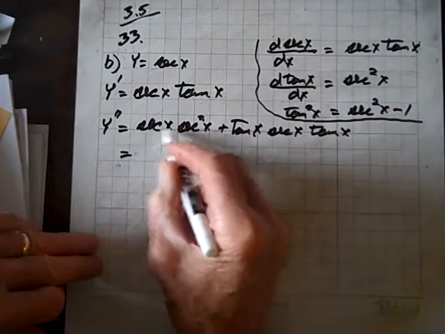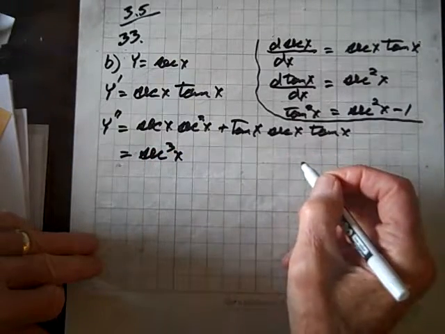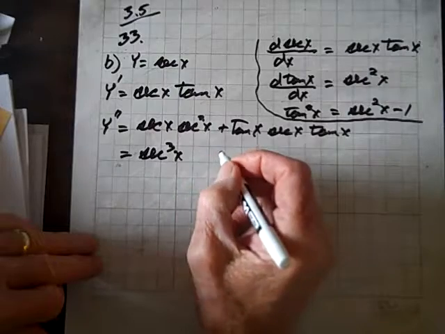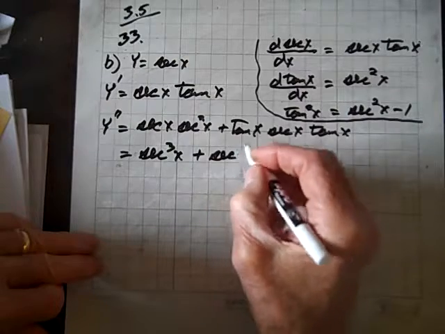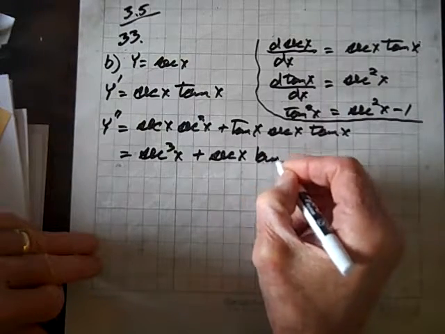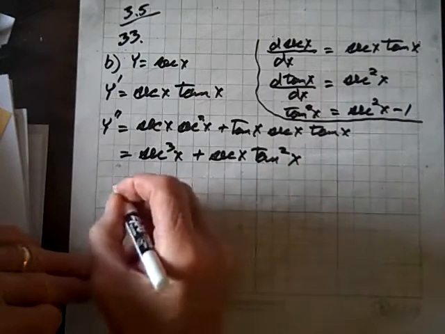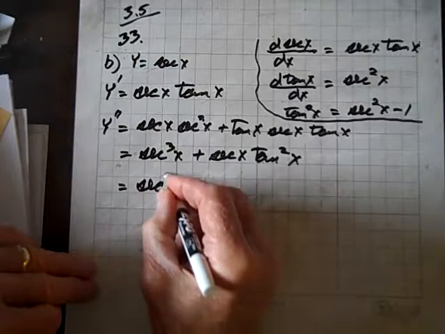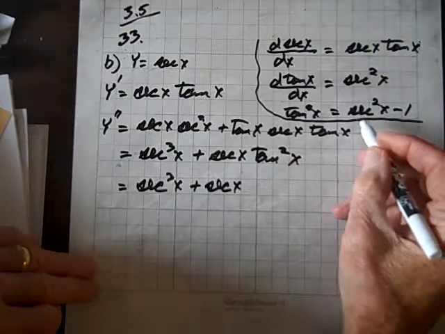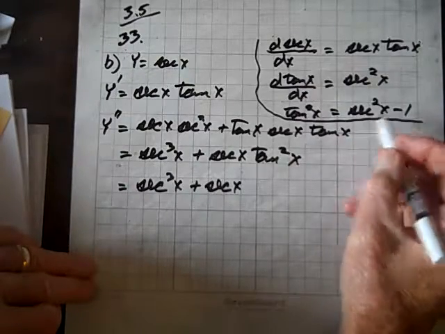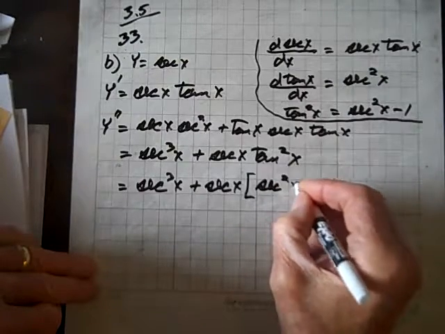So this equals, well, secant of x times secant squared of x is secant cubed of x. And here we have plus secant of x tan squared of x, tan x times tan x. Well, secant cubed of x plus secant of x, and now we'll replace tan squared x with its identity, which is secant squared x minus 1.